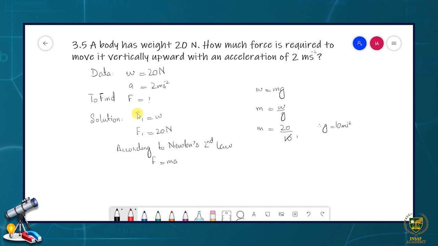Now simply 10 ones are 10 and 10 twos are 20. So mass m is 2 kilogram. So you can simply find the force. F is equal to mass m, which is 2, and acceleration, which is also 2. So 2 into 2 is equal to 4 Newton.